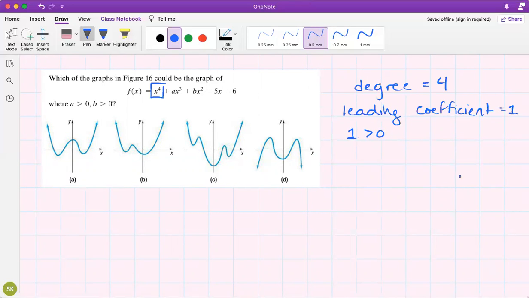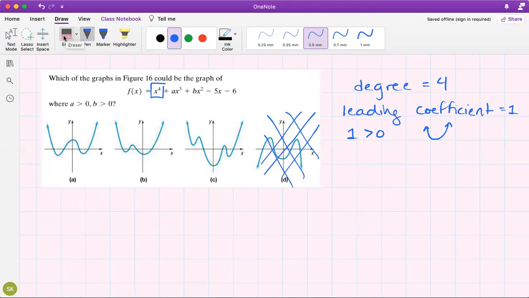Remember that if the degree is an even number and the leading coefficient is greater than 0, we have something that kind of looks like a parabola, and it's pointing upwards. A, B, and C are all pointing upwards, but D is pointing downwards. There's no way that this could be the graph of our function because it's pointing downwards. We would need a negative in the front for that to happen.